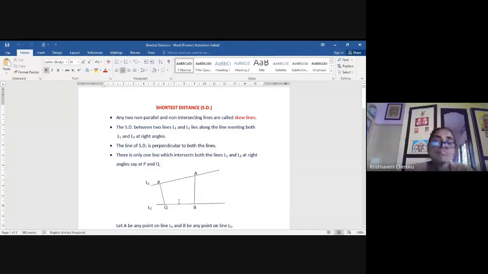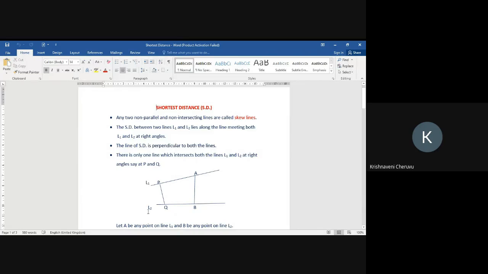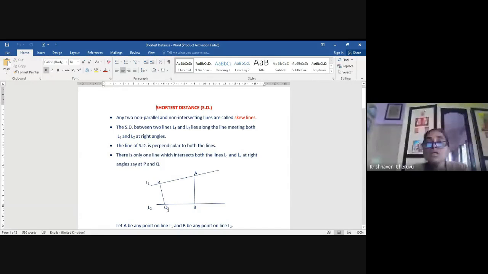The shortest distance between the lines L1 and L2 lies along a line that meets both the lines L1 and L2. For example, here PQ. I can say that PQ is the shortest distance between these two lines, because this line PQ intersects L1 and L2 at right angles.